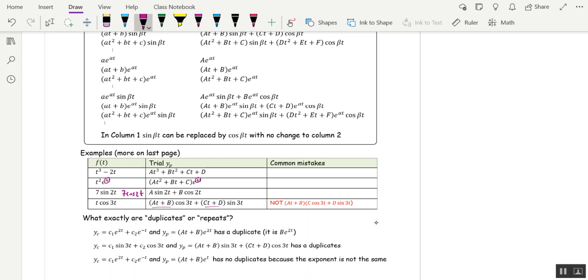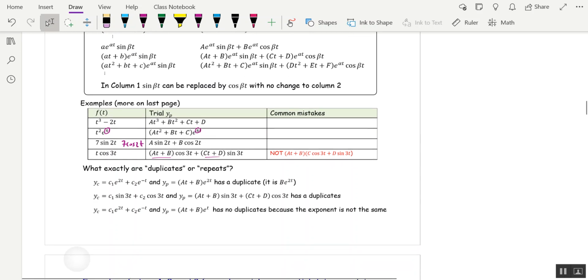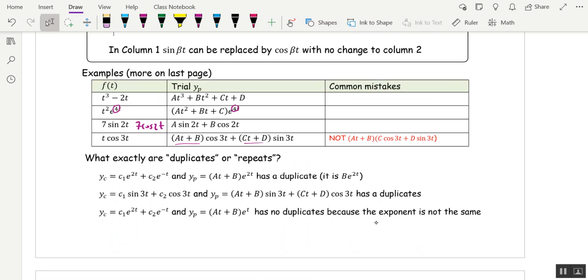Okay, what are duplicates or repeats? Suppose your YC looks like this. You got 2 exponentials, and your trial YP is at plus b times e to the 2t. If you're looking for repeats, when you distribute this in your head, b e to the 2t is a constant times e to the 2t. That's a repeat with this guy.